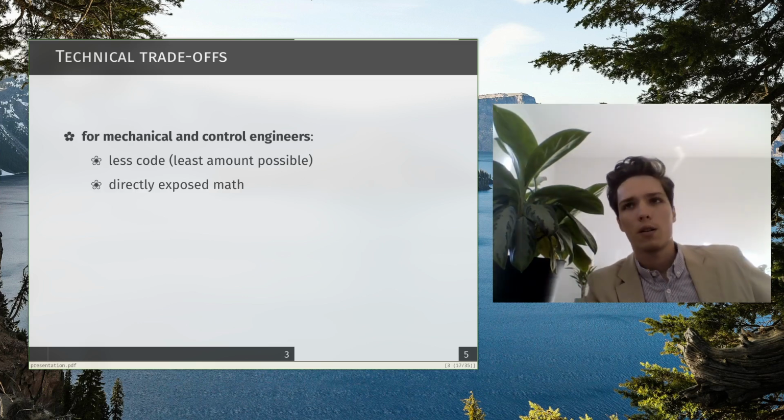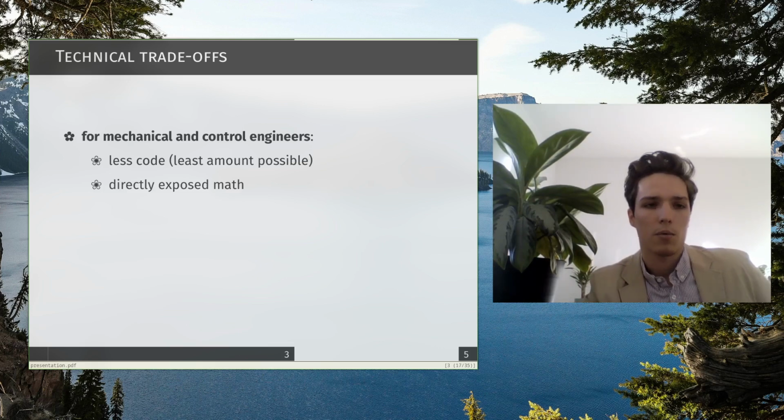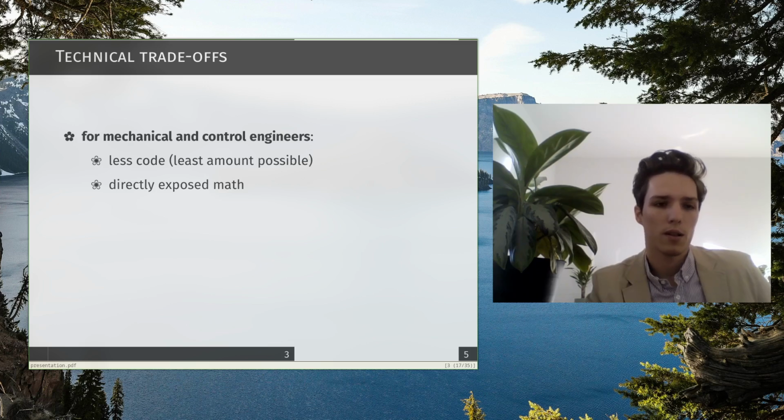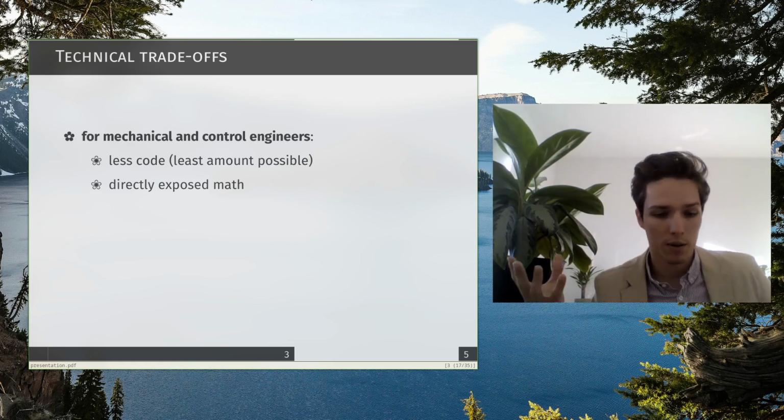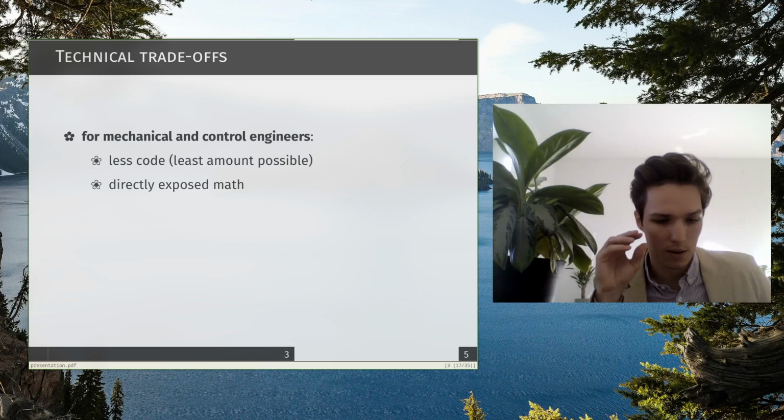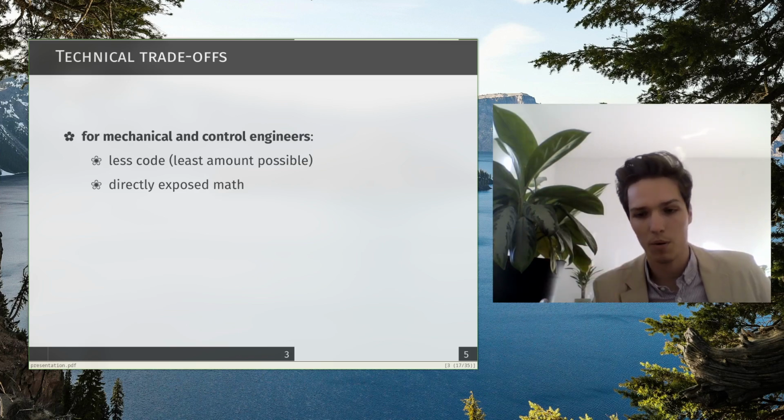And the second way it's optimized for control people is that the math is directly exposed. This is what I was most frustrated with when I used ROS, because my job is to write down some math and turn that control loop that sits on paper with symbols into an actual piece of code that is the control loop.